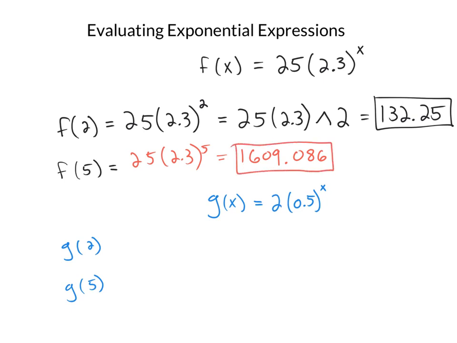Now this next one, we're looking at g of x. G of x is different than f of x. And notice that g of x has a different equation. A lot of times we like to use f of x because it's really simple, but in this case we're using g of x. And I'm going to substitute in the value of 2 into the function called g of x.